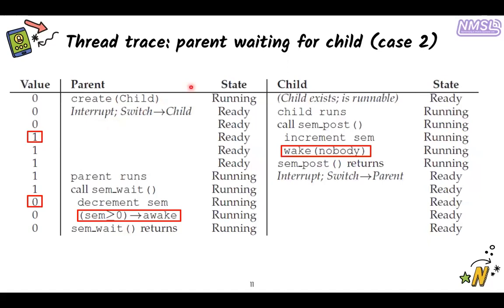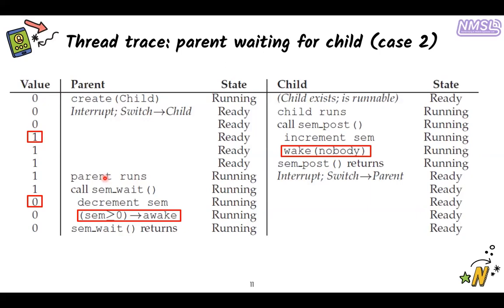The other case is where we create a child and then the child runs immediately. So the value is still 0, the child runs, and when it's done, it calls sem post, which increments the semaphore to 1. Right now, there is no thread waiting for this, so there's nobody to wake up, which is okay. Nobody gets woken up, but the value is still 1. Then sem post returns. Now let's say the parent runs.